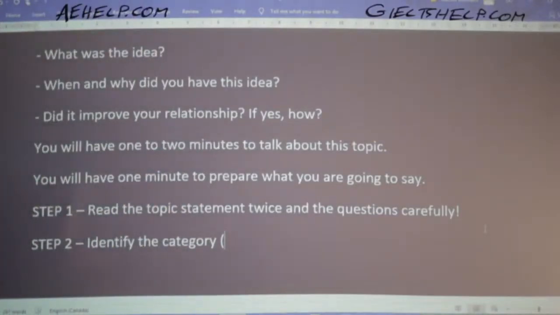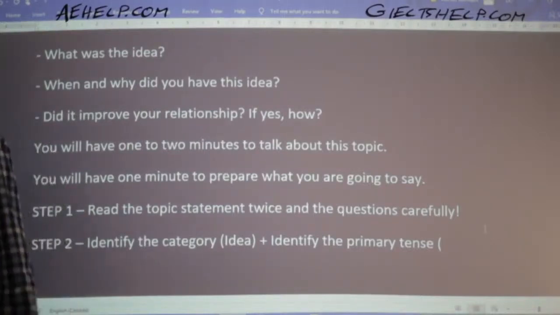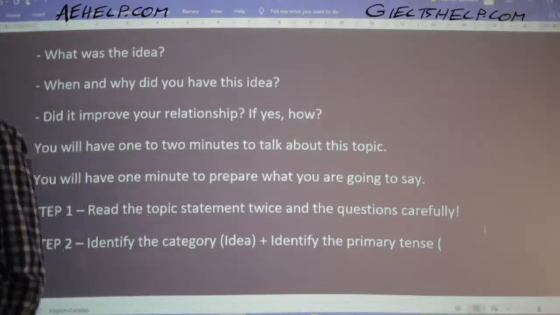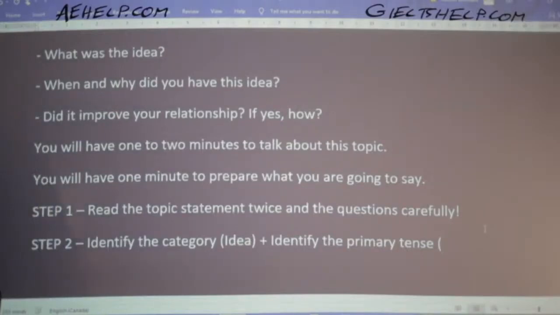So yeah, it's an idea, okay? And what's the tense? Okay, and we're talking about the primary tense of the question here. So what is the primary tense of the question here?